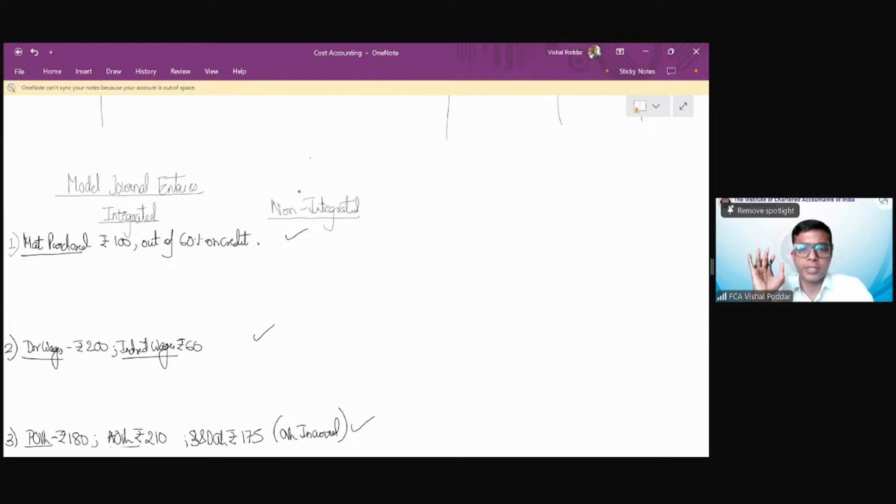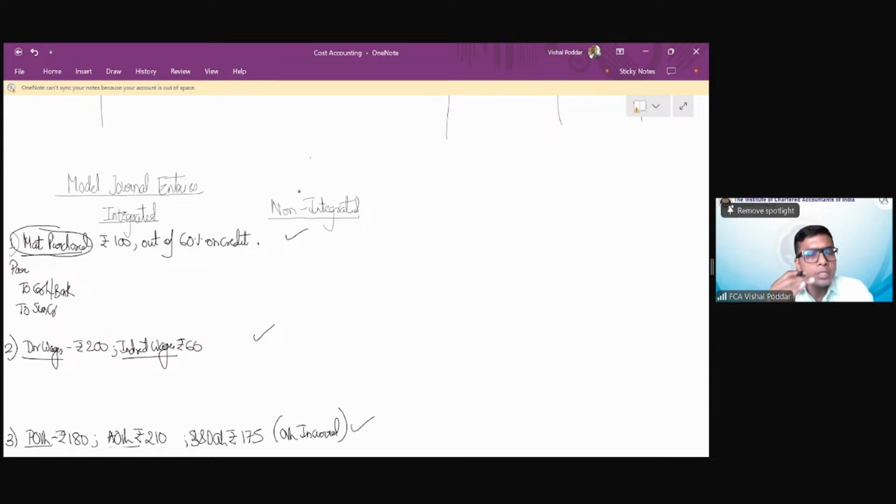And on that basis, we will easily find out what should be our entry in cost accounting. Like, if it is material purchased, normally, what is our accounting entry? We debit purchases and we credit cash or we credit sundry creditors. Cash means cash bank, right? This is your normal entry if this is a normal accounting sum.